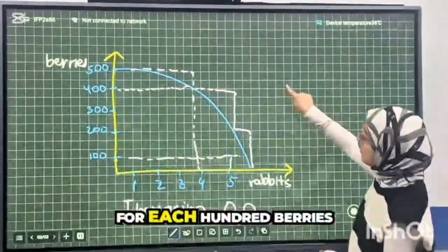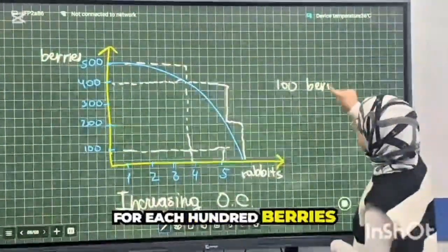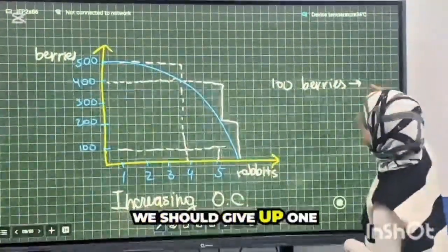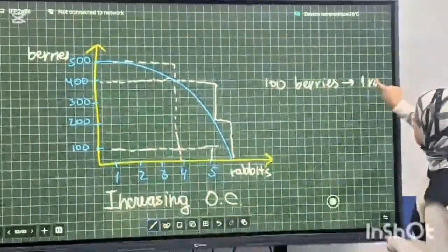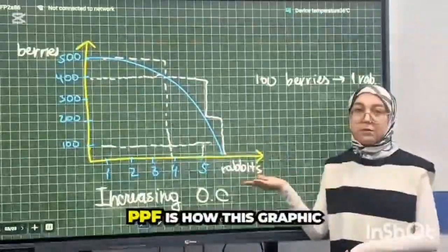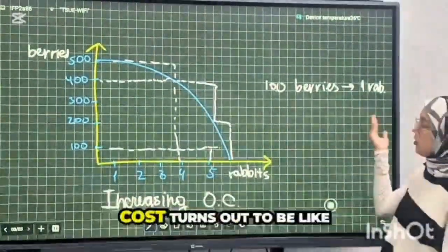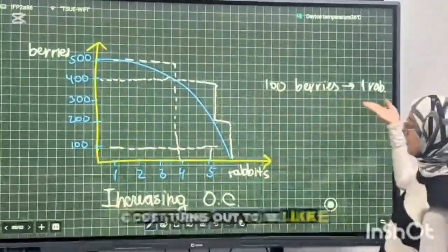For each 100 berries, we should give up 1 rabbit. So the whole topic about PPF is how this graphic works and how our opportunity cost turns out to be like this.